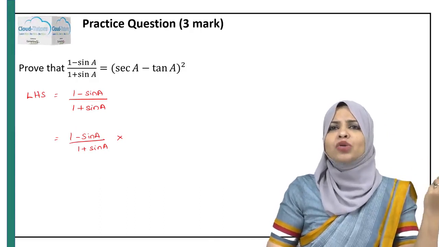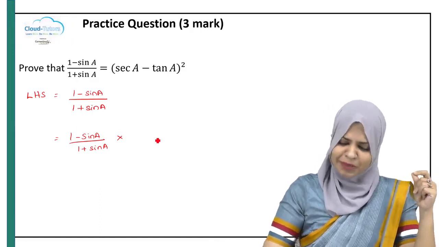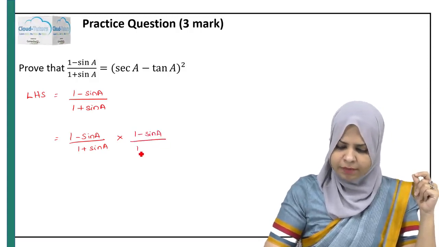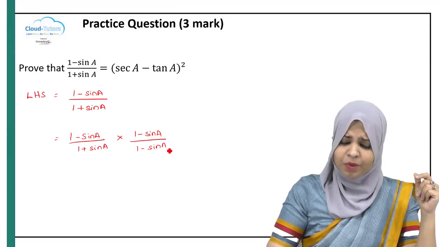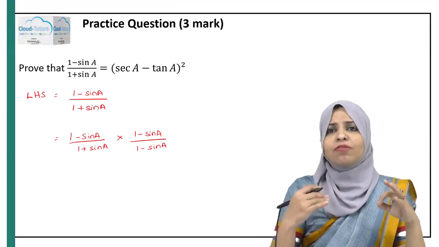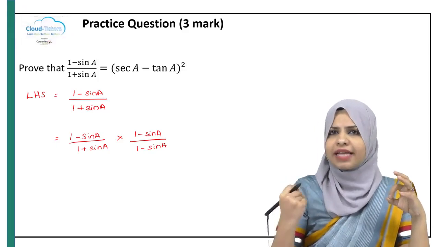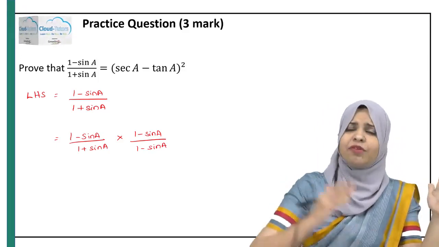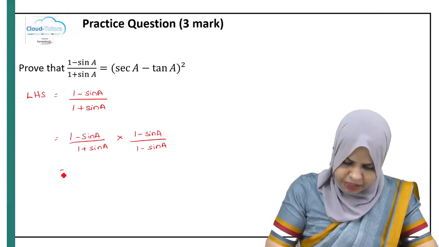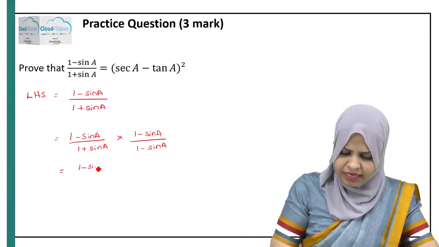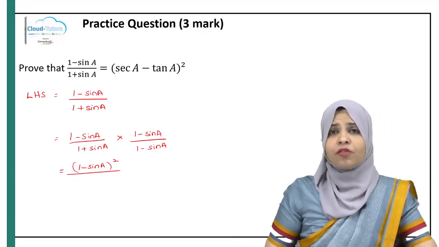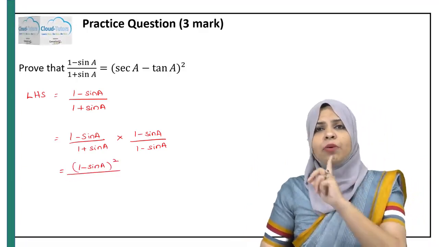I have to take the conjugate of the denominator, that is 1 minus sin A by 1 minus sin A. Basically, I'm multiplying and dividing with the opposite sign of the denominator, that is 1 minus sin A. If I have plus, I will take minus. If I have minus, I will take plus. Simple, right? So it becomes 1 minus sin A the whole square, and the denominator is in the form of A plus B into A minus B.